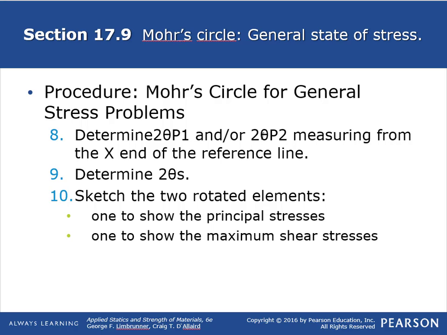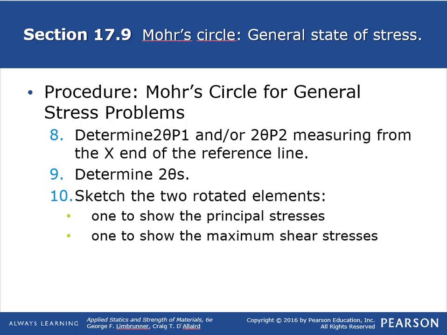This is how far you have to rotate the point to get to principal plane 2. And this is how far you have to rotate that orientation to get to the maximum shear stress. And then you sketch the 2 rotated elements, one to show the principal stresses and one to show the maximum shear. We're going to go through another problem just like this.